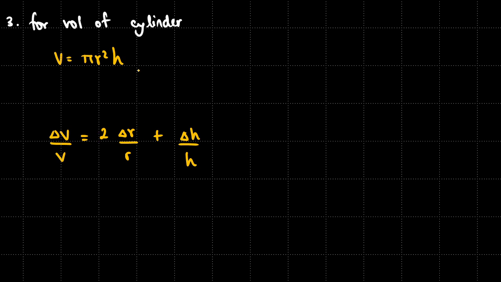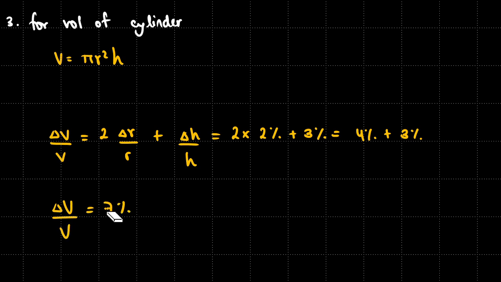In this case, we don't need to write the power, since this will be the power of 1, and 1 times something is basically this. So now let's write the values. It's going to be 2 times 2% plus 3%. So that will be 4% plus 3%, which means the percentage error in volume will be 7%.